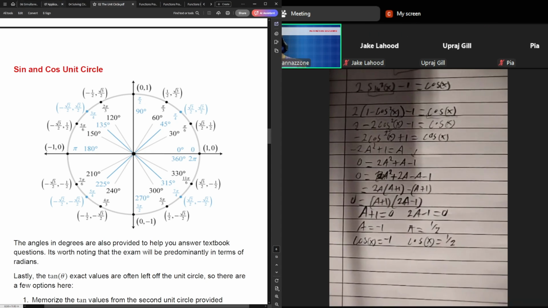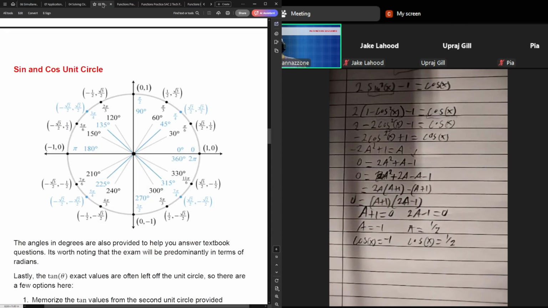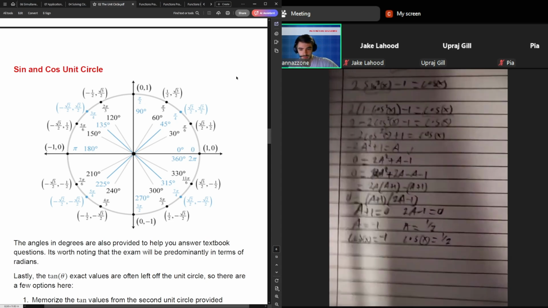Screenshot incoming, and we wanted to do it. Oh, it did say general solution for this one, but we'll pretend it was just solve from 0 to 2 pi. What would the solutions therefore be?